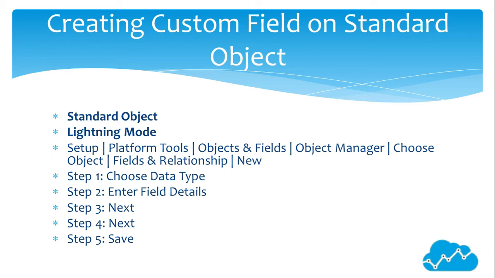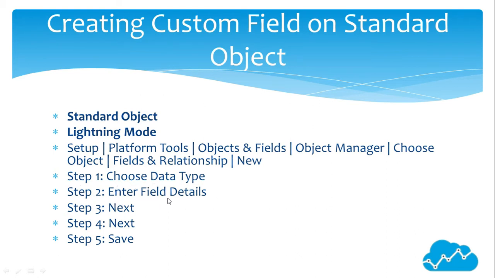Creating a custom field on a standard object in Lightning mode. Setup, platform tools, objects and fields, object manager, choose object, fields and relationships. Click new. Step 1, choose data type.